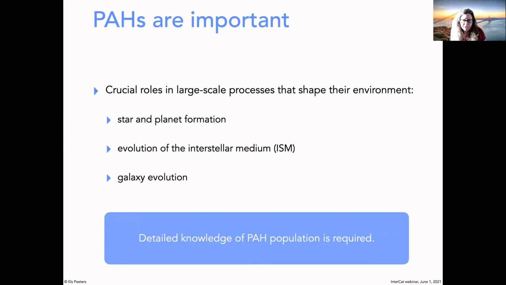For example, star and planet formation. I already mentioned that PAHs are the main heating source for the neutral ISM. So you can think of a protoplanetary disk around a young star. The temperature of the surface layer of that protoplanetary disk is set by these PAH molecules.